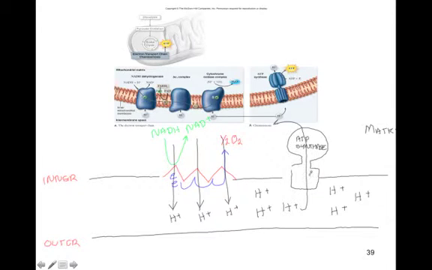They're moving so fast that ATP synthase is able to phosphorylate the formation of ADP into ATP. This is where most of the ATP is made in cellular respiration.